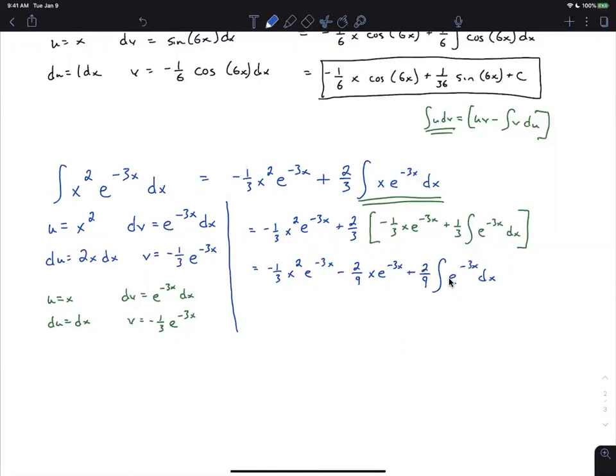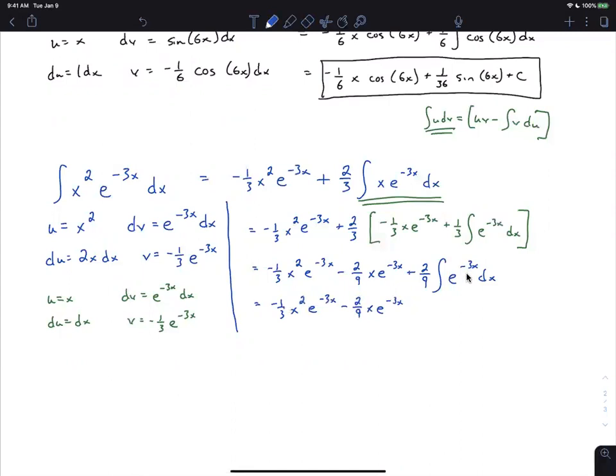Okay, now this last integral is technically a quick u sub, but it's one of the ones where I'd like us to be able to do it in our head. And so if we do it, everything here carries down. So we get -1/3 x squared e to the -3x minus 2/9 x e to the -3x plus, and actually ends up being minus, but it's 2/9 times -1/3 because of this quick u sub.